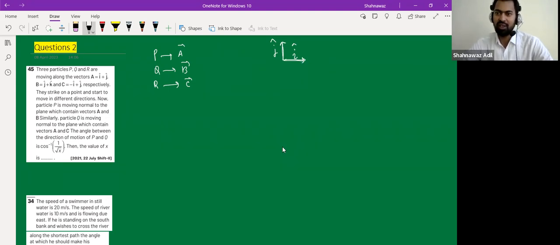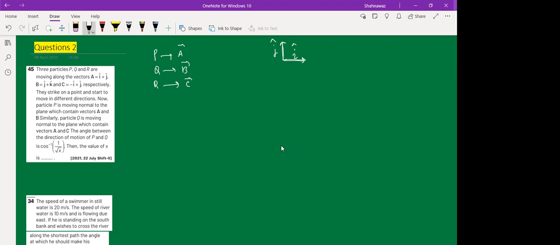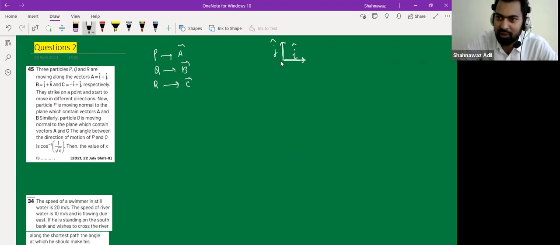Let's say that this vector i and j are in a plane on a board, and you are going out of the board or into the board, two directions. So what will be the third vector? K cap. Yes, k cap.